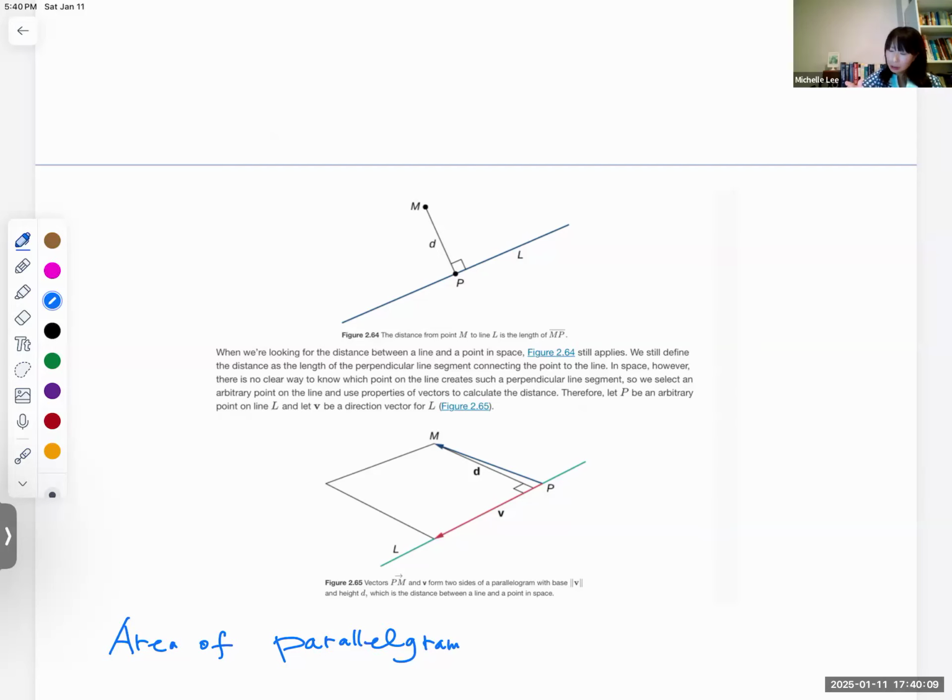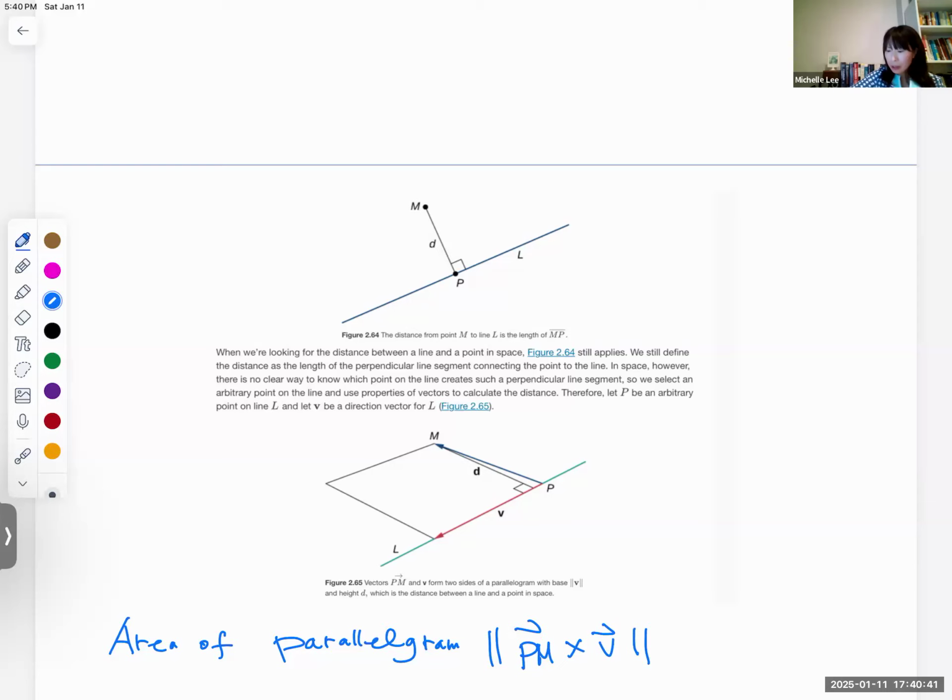So in that case, the magnitude of PM cross product with vector V, right?